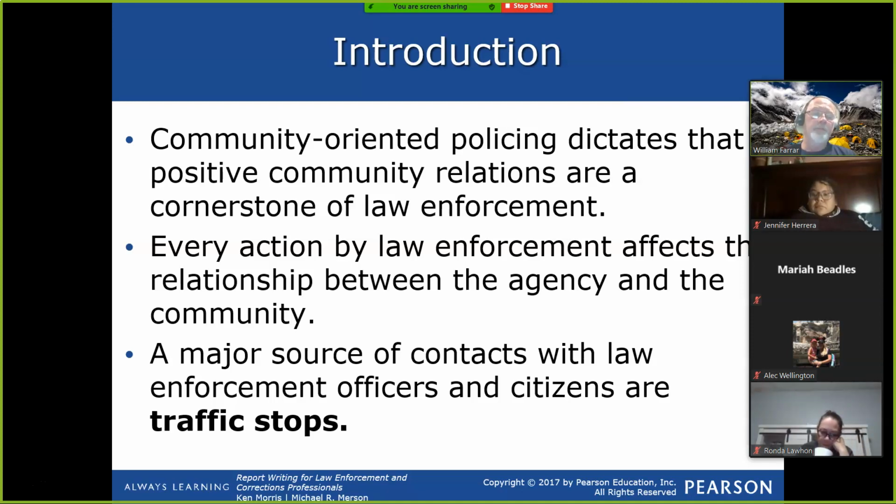And think about it. You don't have to tell me, but if you've been stopped by law enforcement for a traffic violation, how happy were you? It was probably just the thrill of your life, right? Or think about when an officer pulls behind you. You're on the freeway and you see CHP come up behind you, and even if they don't pull you over, does it stress you out a little bit?